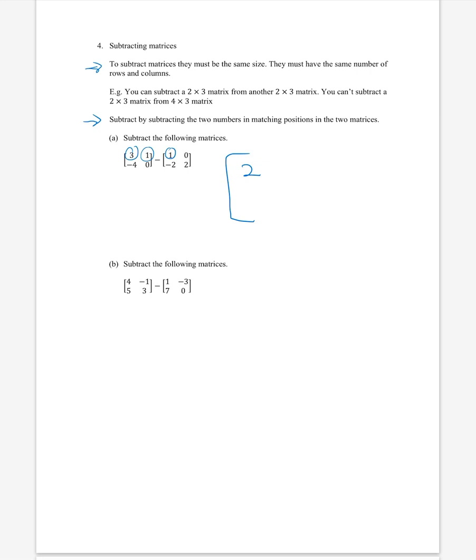For the second one, I'll do 1 minus 0, which is 1. For the next one, I'll do minus 4 minus 2, that's going to end up with minus 2 altogether. And we also get minus 2 for the bottom right hand corner. So that is subtracting two matrices. Try the next one.